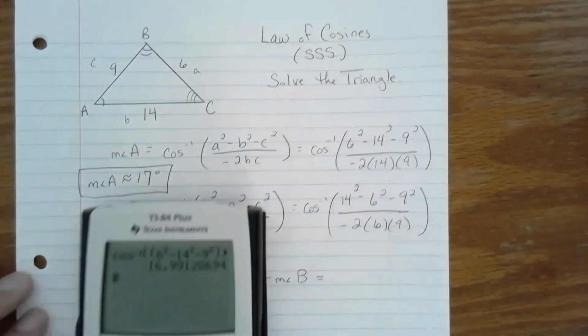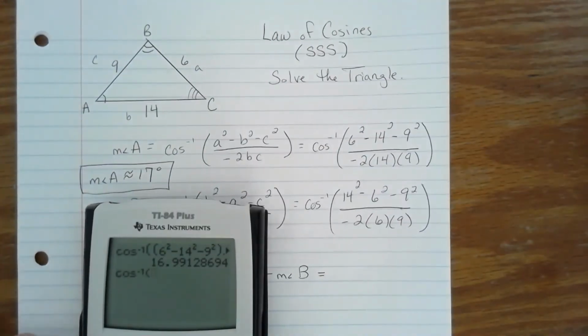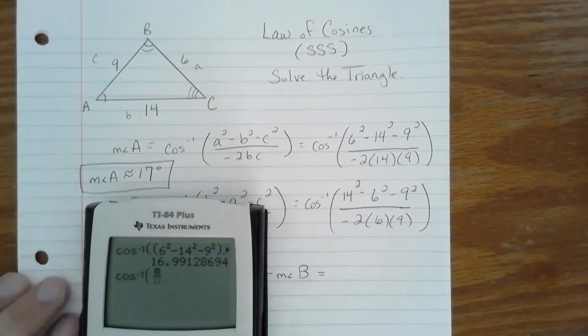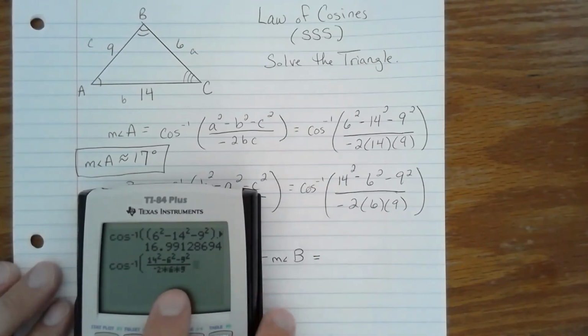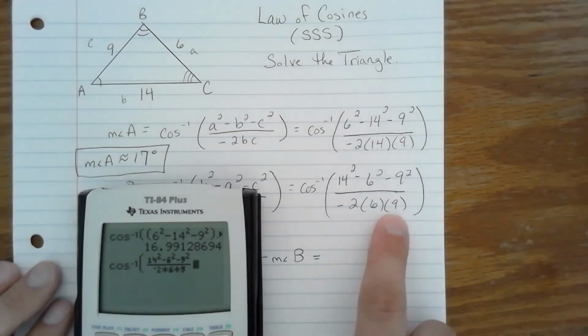So we'll go back over here and do B, and I'll take this one a little more carefully. I'll put the fraction bar in, which you can do on both Desmos and this sort of calculator. Here we'll type in 14 squared minus 6 squared minus 9 squared. On the bottom we'll do negative 2 times 6 times 9. I use times instead of parentheses because it's less keystrokes.